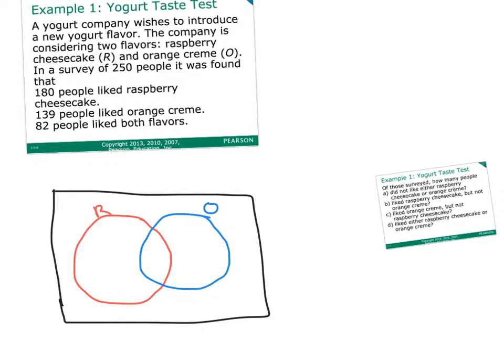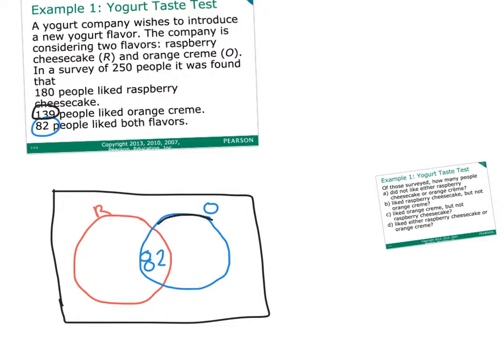Okay. The very first thing you want to put on your grid is what they have in common. So if you notice, it said that 82 people liked both flavors. So the 82 is going to go into the overlapping area right there, in the middle. Now you can go back and fill out the rest of the red circle and the rest of the blue circle. From what we've seen, it says that 139 people like orange cream.